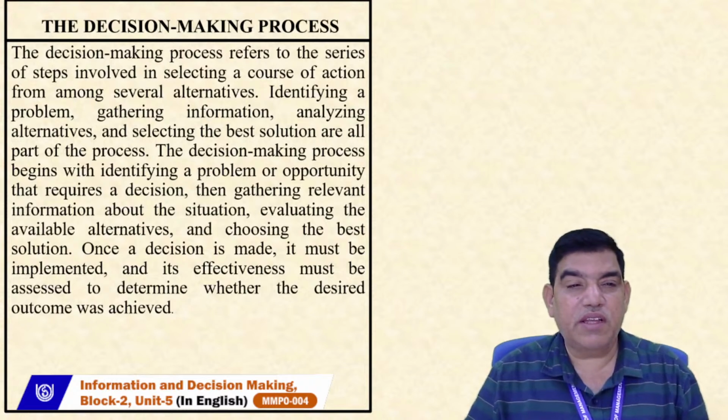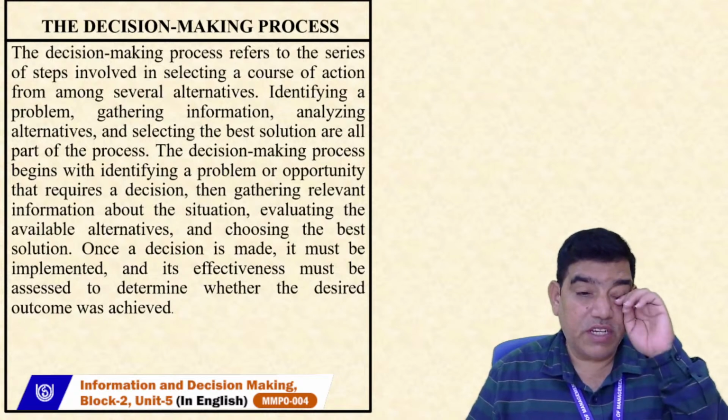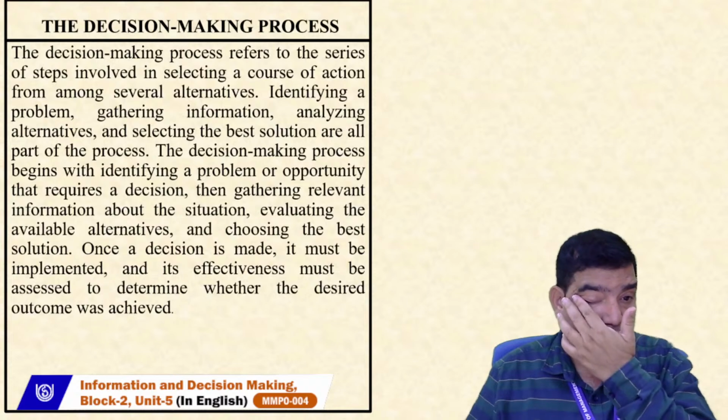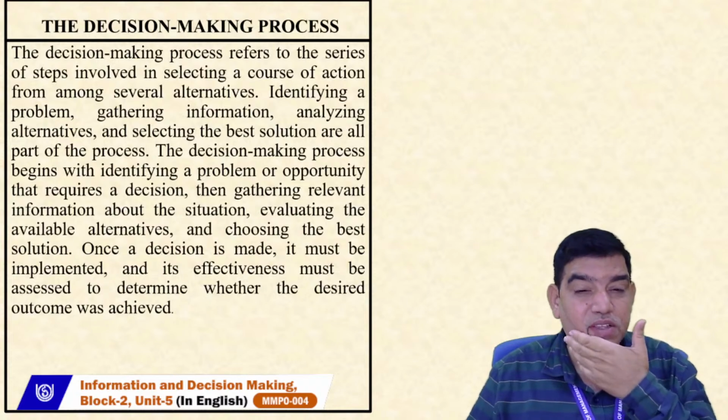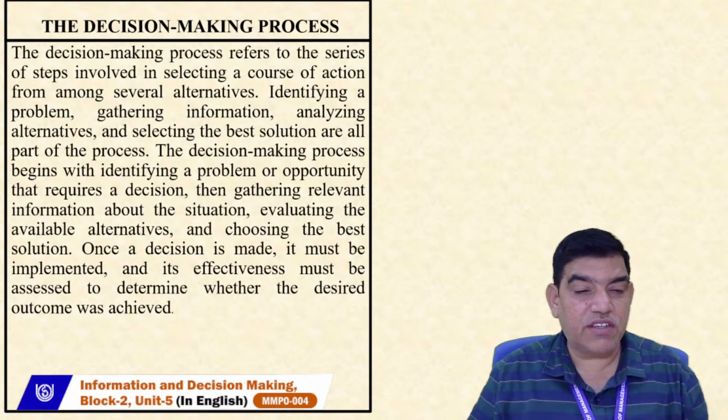Then, gathering relevant information about the situation, evaluating the available alternatives, and choosing the best solution. Once a decision is made, it must be implemented and its effectiveness must be assessed to determine whether the desired outcome was achieved or not.